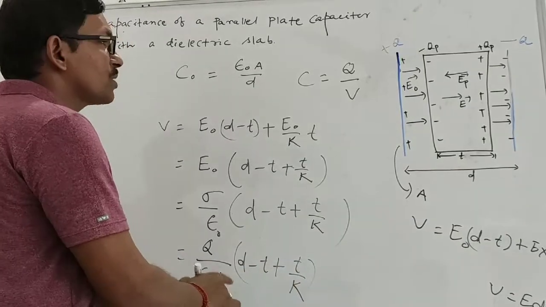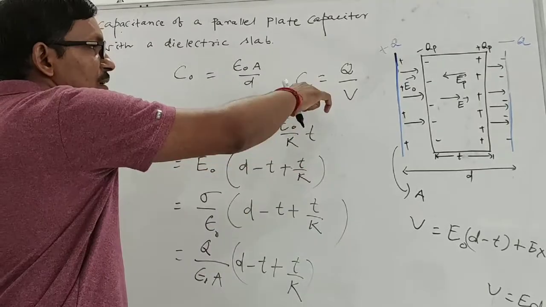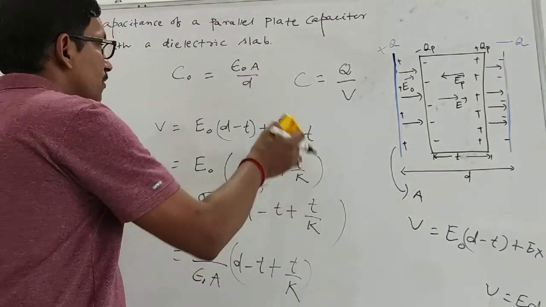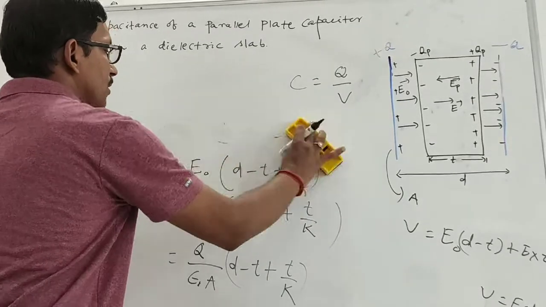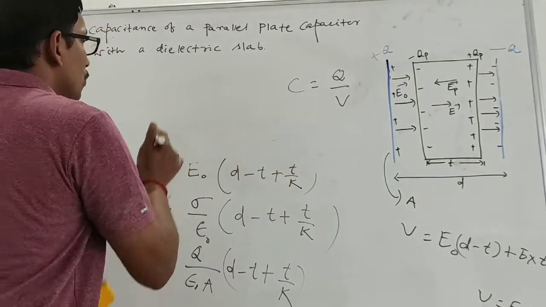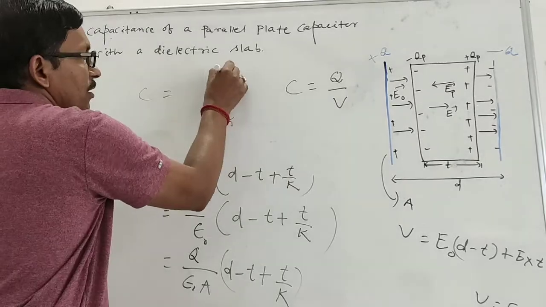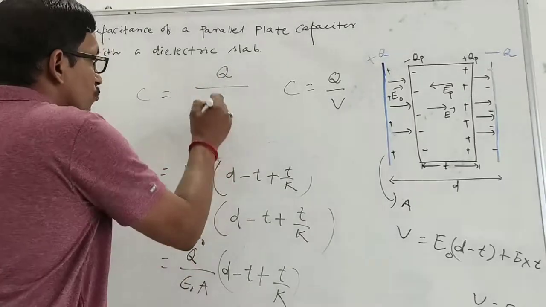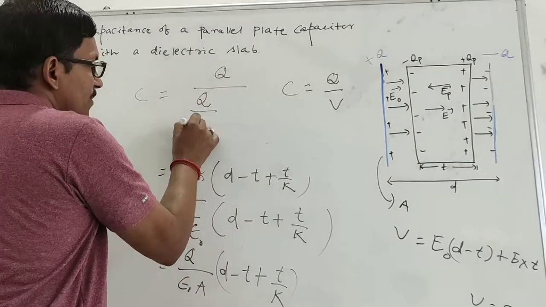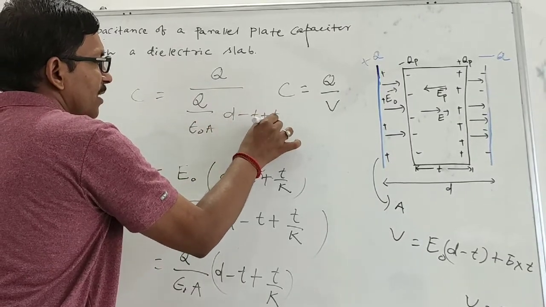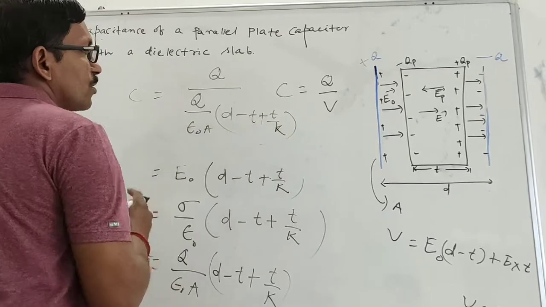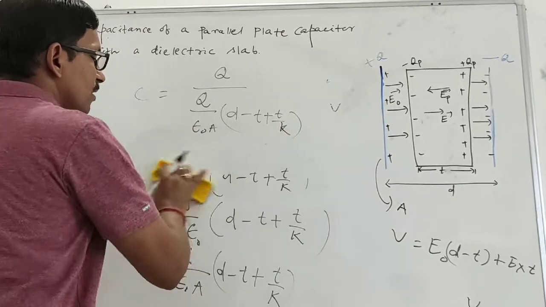Now just put the value of this potential difference to get the capacitance. Now what is the value of capacitance? C is equal to Q by V, Q divided by the value of V. Just put Q divided by epsilon naught A into D minus T plus T by K. So finally, what will be the expression?